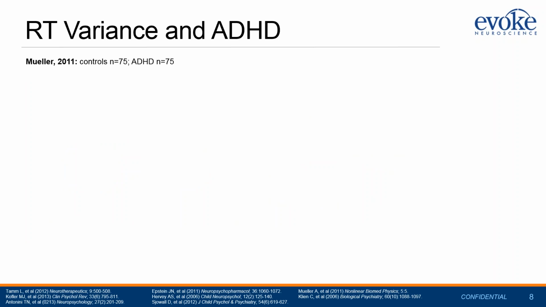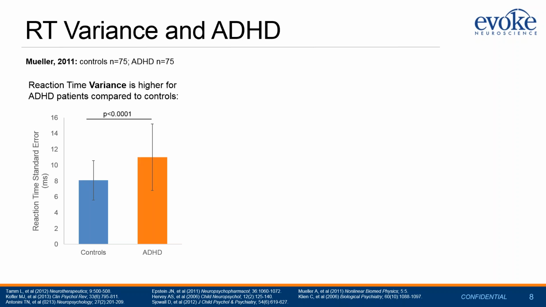So when we talk about reaction time variance and its relationship to ADHD, a good classic study was by Mueller in 2011, 75 control patients, 75 ADHD patients, and they looked at reaction time variance. Here we have the standard error of reaction time on the x-axis, and we measured that for controls and ADHD groups.